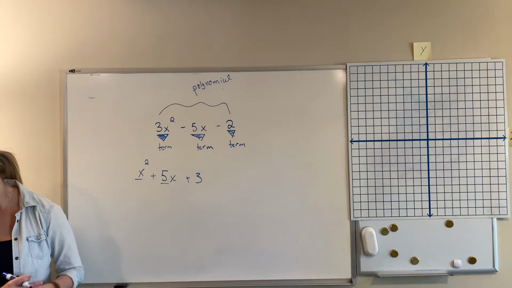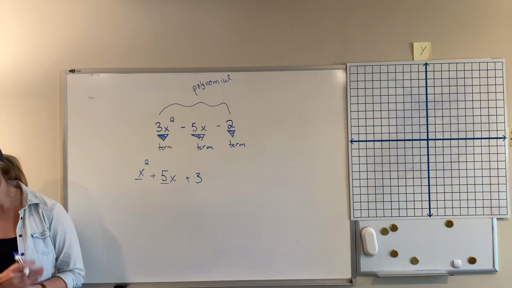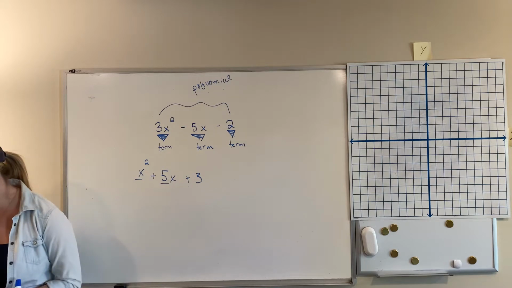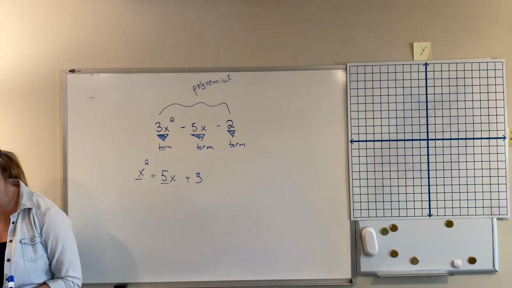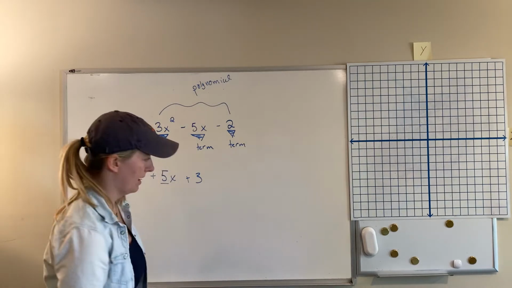Alright, example 1. Classifying and identifying polynomials. Tell whether or not each expression is a polynomial. If it's a polynomial, list its terms and classify it. So let's look at number 1a.